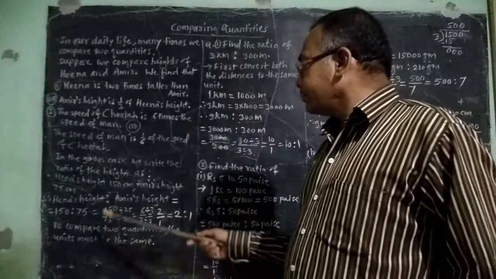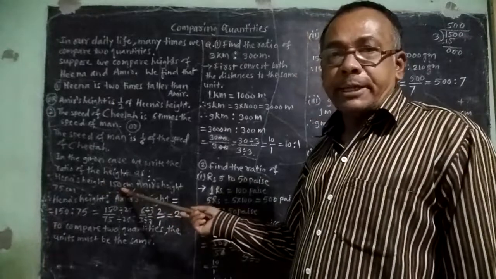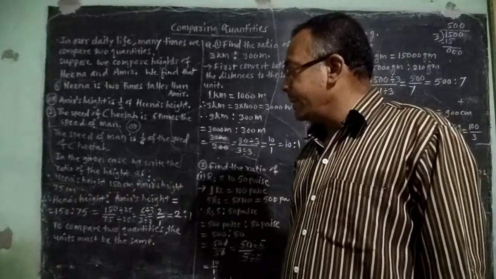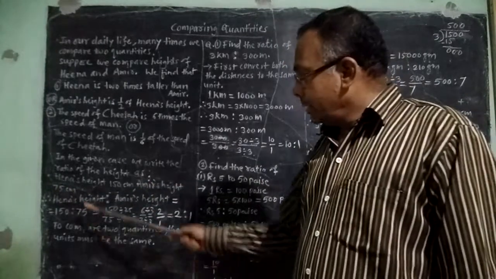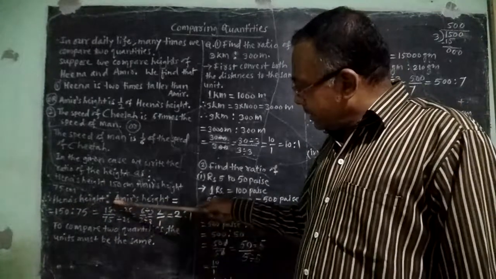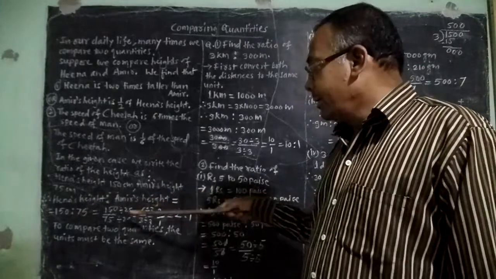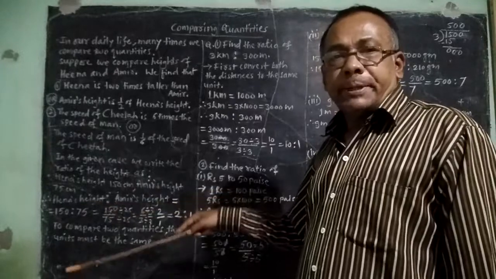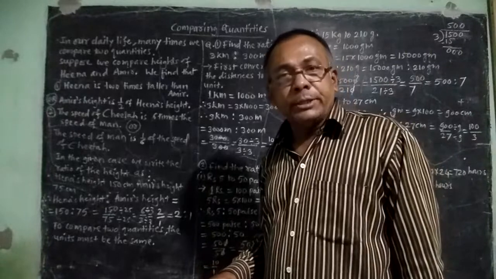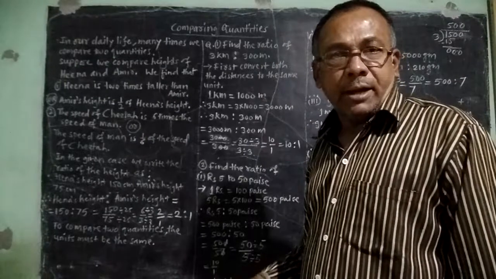Now, if we consider Hina's height is equal to 150 centimeter and Amir's height 75 centimeter, then Hina's height as to Amir's height, means here two dots are given between them. These two dots represent the ratio, means we are going to take the ratio of the heights of both persons, that is Hina and Amir.